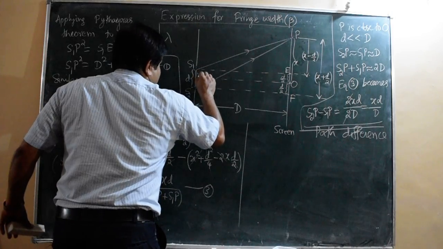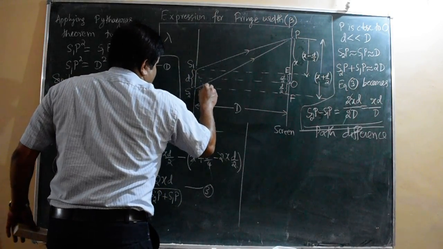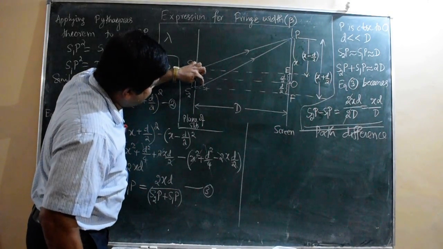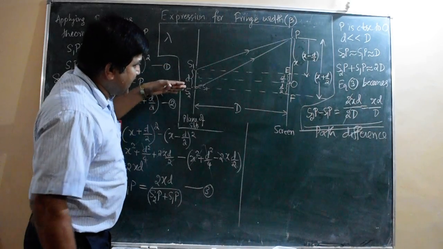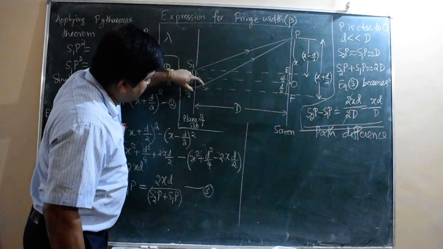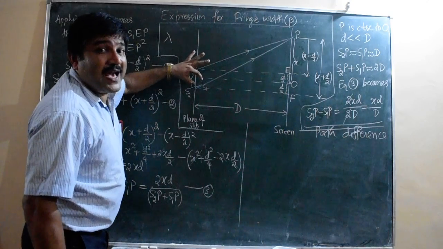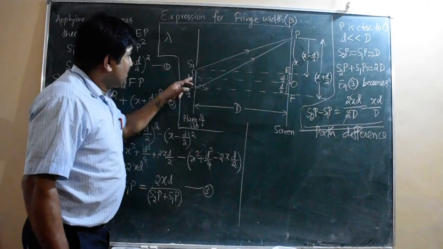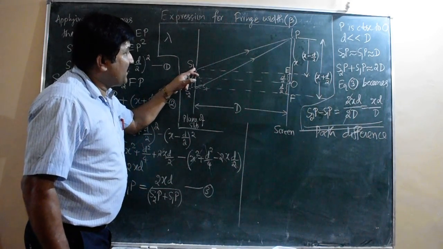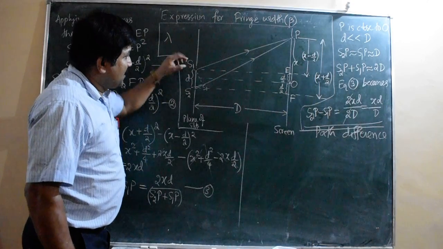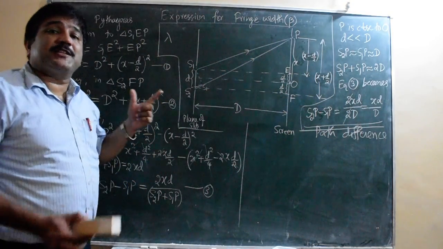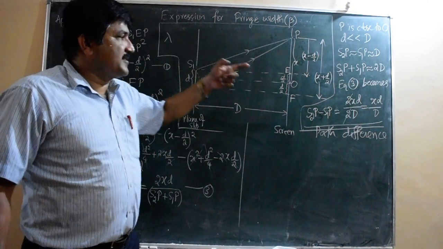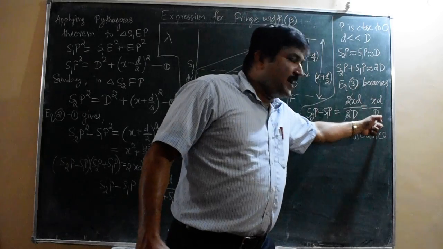If I bring the point S1 to somewhere coinciding with the line S2P, then this is the extra path that has to be traveled by the light from slit S2 compared with the light from slit S1. That extra path means path difference. The path difference between the light traveling from the two slits is xd by D.